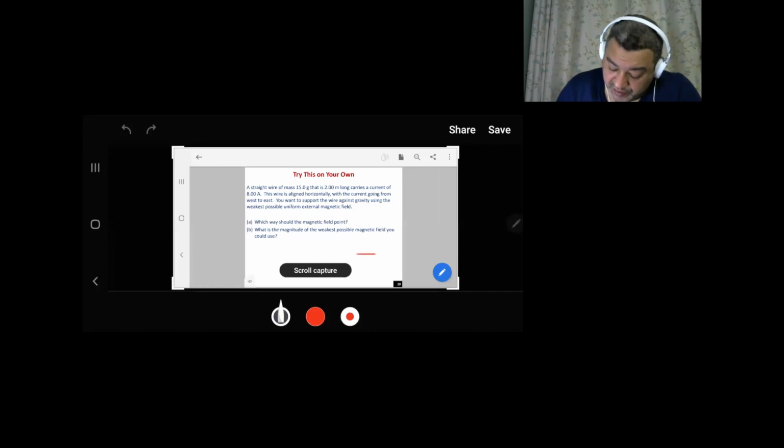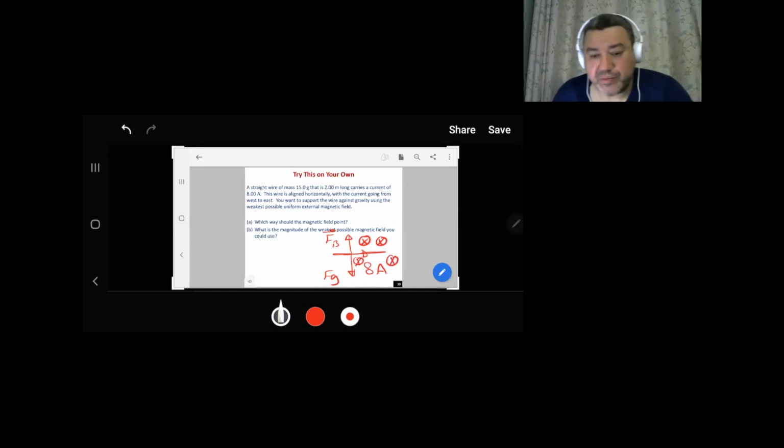So we said that this is the wire, current 8 ampere, gravitational force pointing FG. We said we need the FB pointing upward, which means that the magnetic field should be pointing into the page, right?